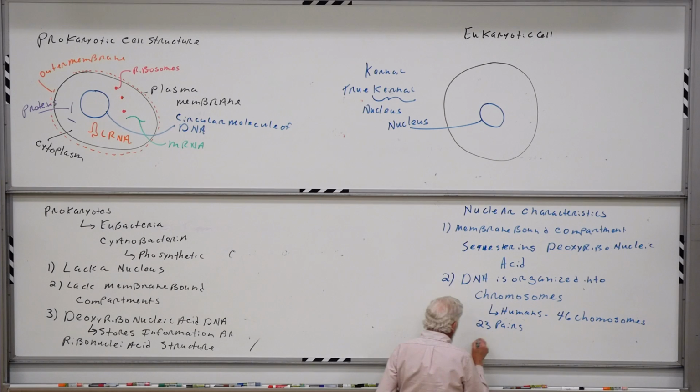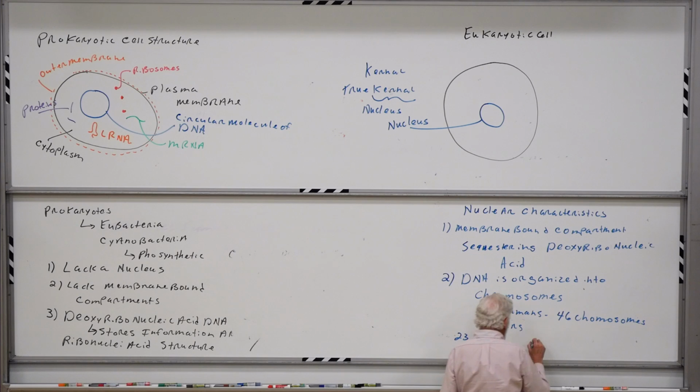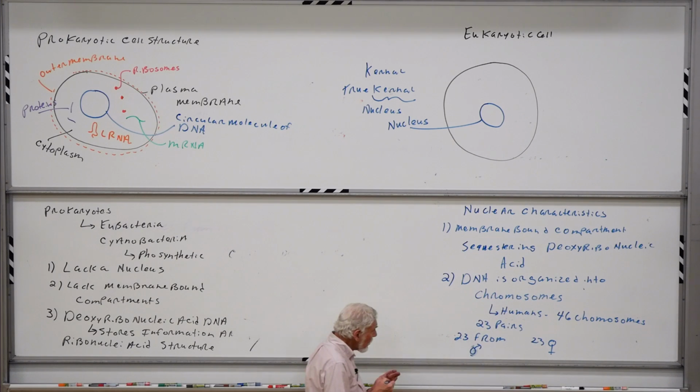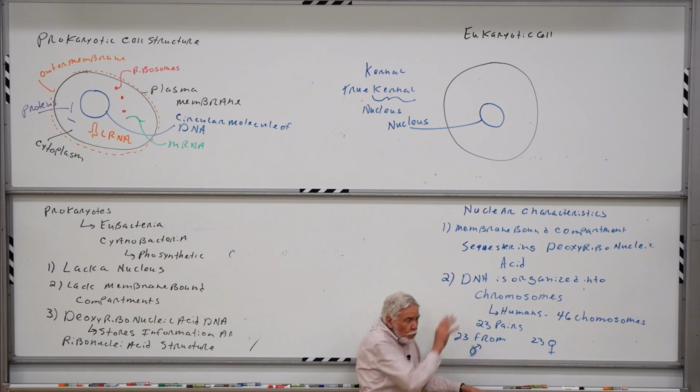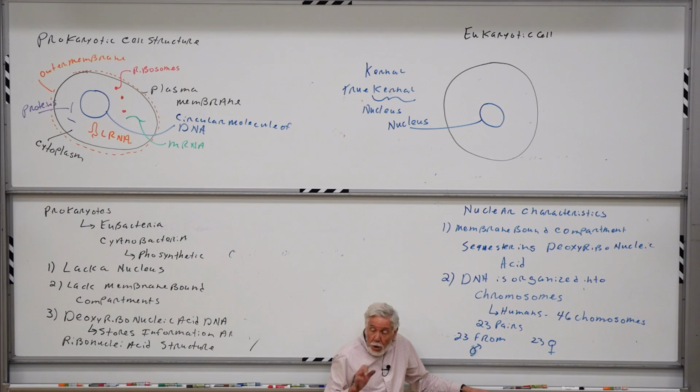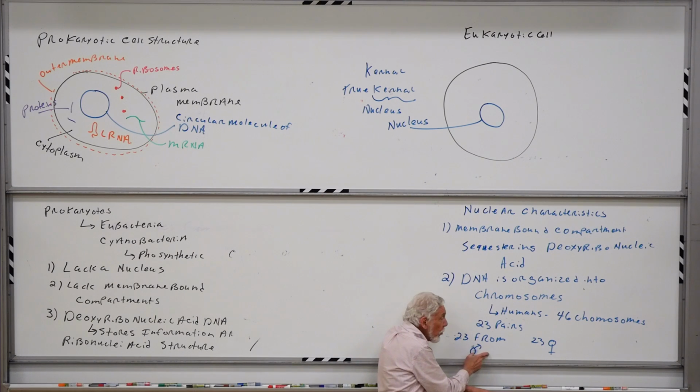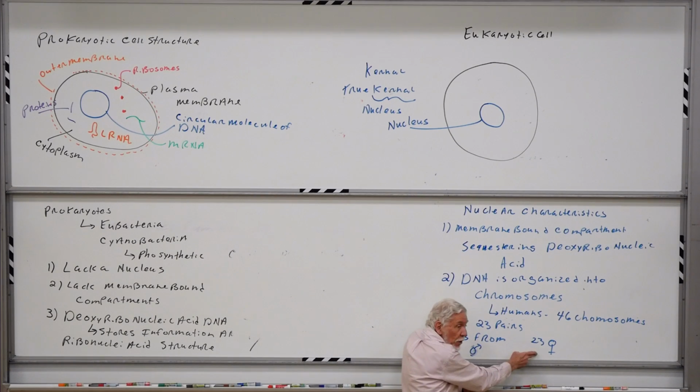These 23 pairs, the 23 from the father and 23 from the mother. It's true for all of our cells, it's true for all of us. Those chromosomes that are sequestered within the nucleus, 23 of them came from your father, 23 of them came from your mother.